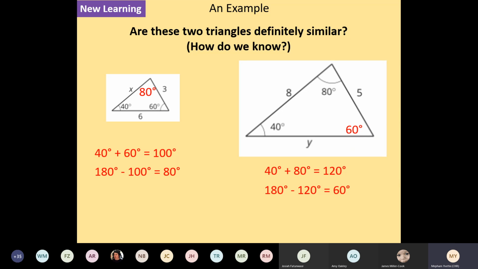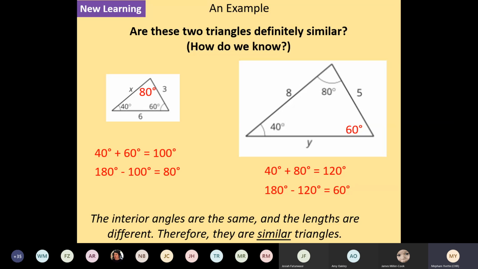I'm hoping that you're saying yes, miss, because they are. The angles are the same. So the main thing you need to remember here is the interior angles are the same and the lengths are different. Therefore, they are similar triangles. And then we are going to do some further work in this in GCSE, but this is the main information I want you to focus on right now.